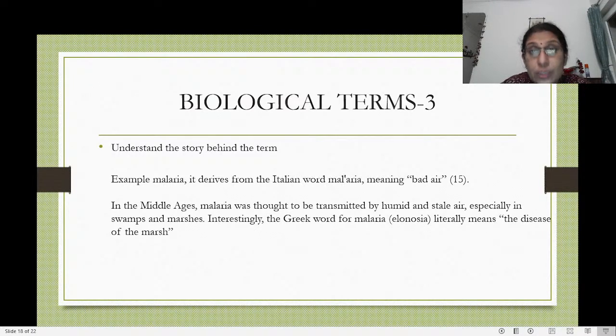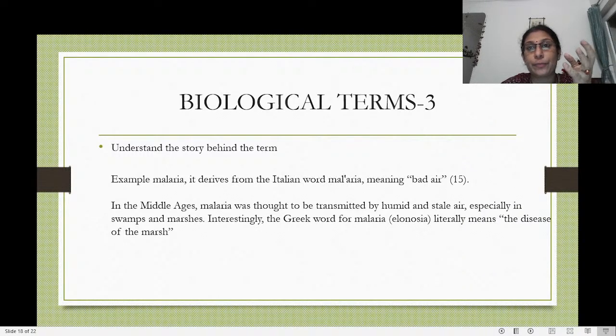Third thing, many of these biological terms have some stories behind them. So if you know these stories, that will also help you remember. For example, the word malaria. Malaria comes from an Italian word mal-aria, which means bad air. In the olden days, it was believed that it is the humid and stale air found in swamps and marshes which causes malaria.